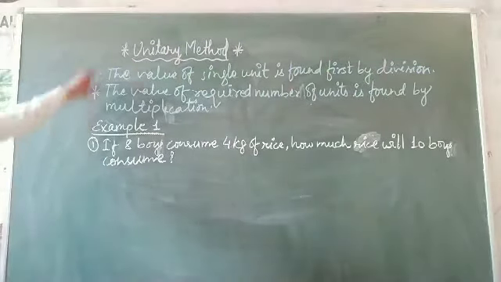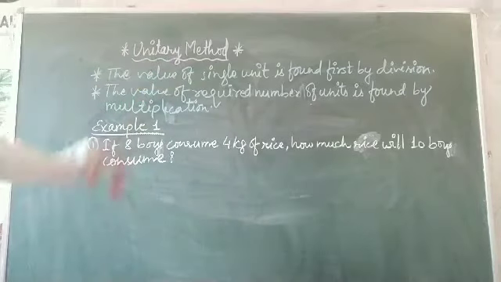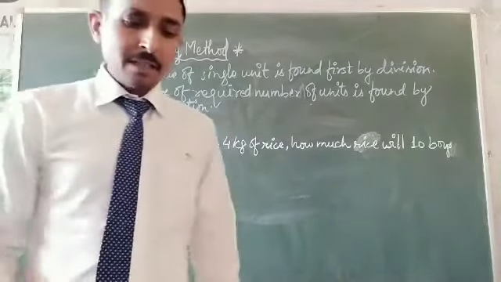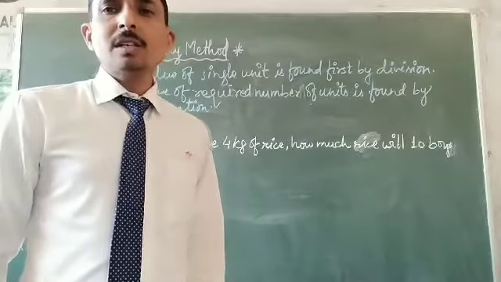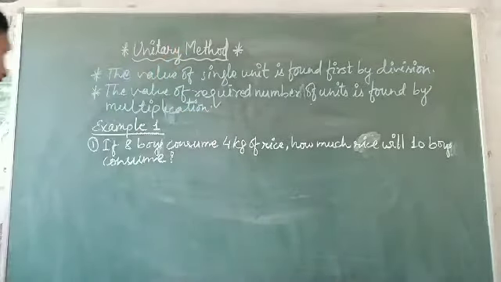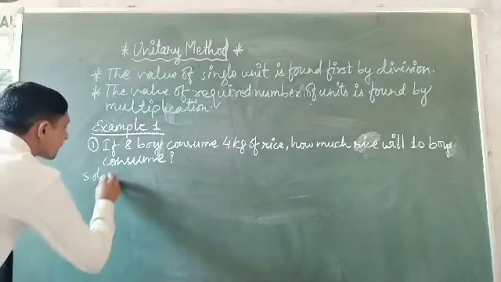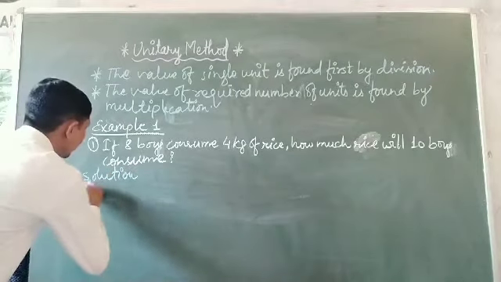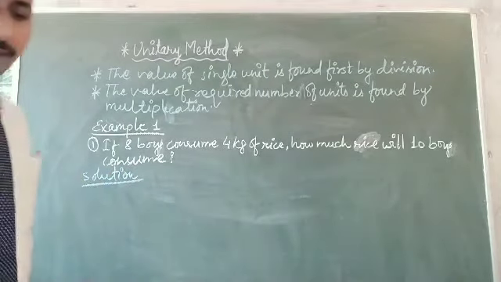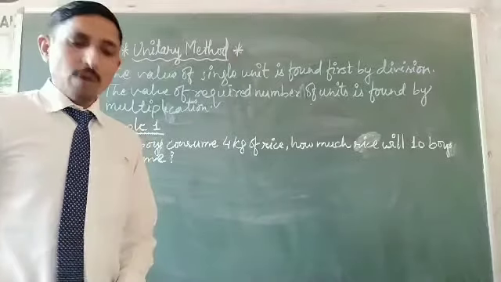So our process is, the value of a single unit is found by division. So by division, find the quantity of rice consumed by one boy. First of all, we have to find the quantity of rice consumed by one boy.